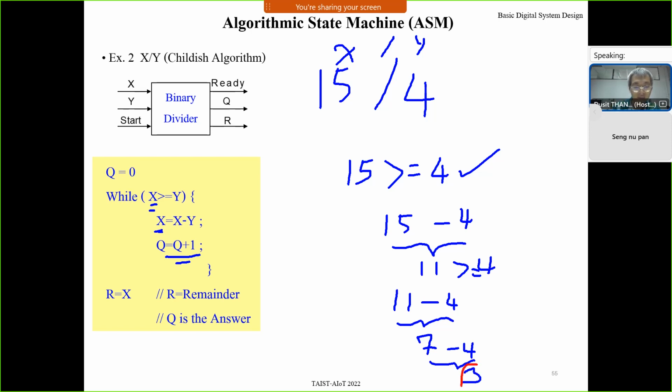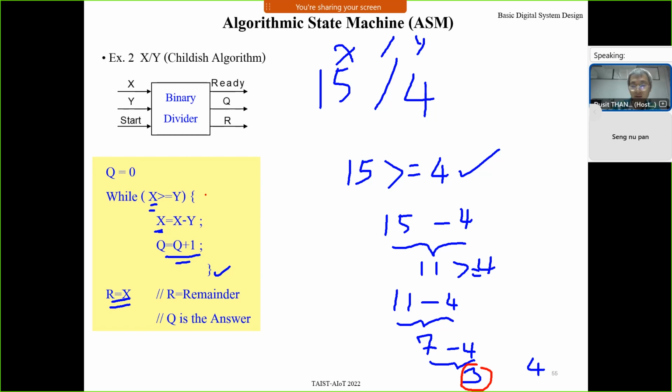Now 3 is not greater than 4, right? So now compare with 4. It's not greater than 4, so you stop this process.